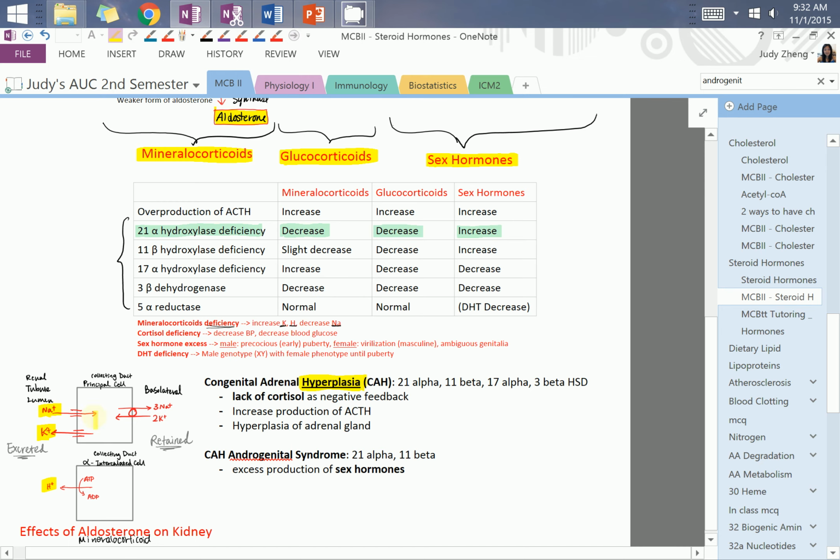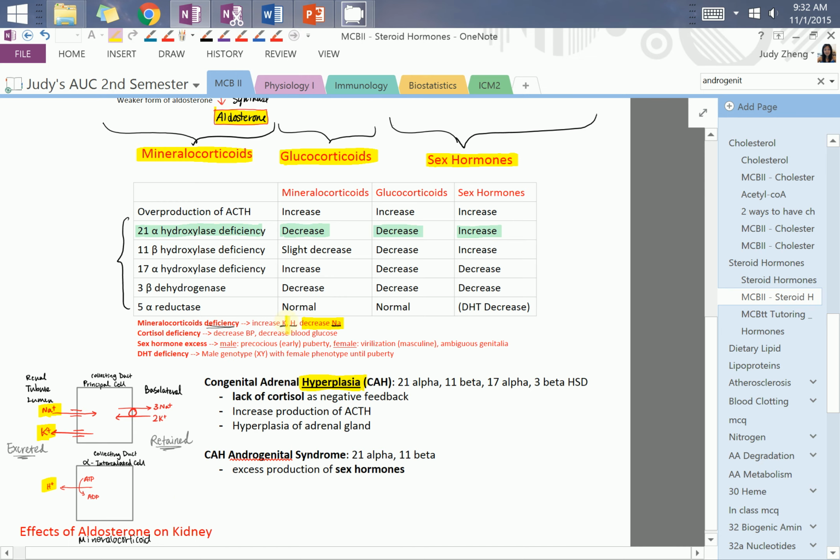The absorption of sodium is related to aldosterone. So if you don't have aldosterone, then less sodium is being absorbed. So that's why you have the decrease in sodium. And this potassium channel, where it's excreting potassium, is affected by aldosterone. So without aldosterone, you're not secreting as much potassium.